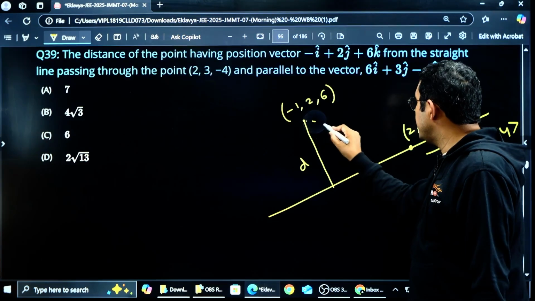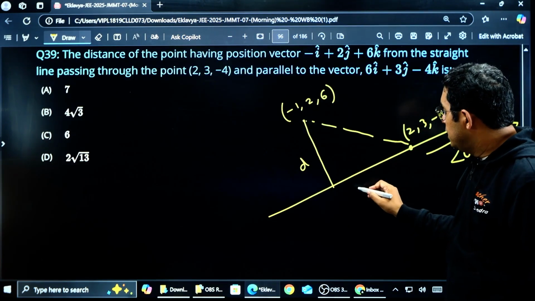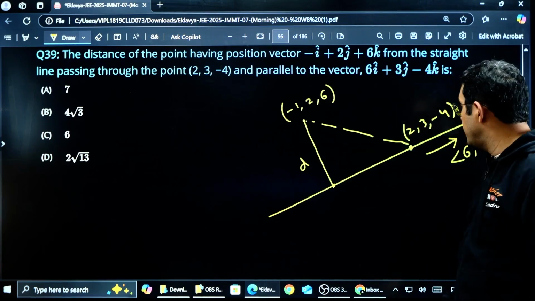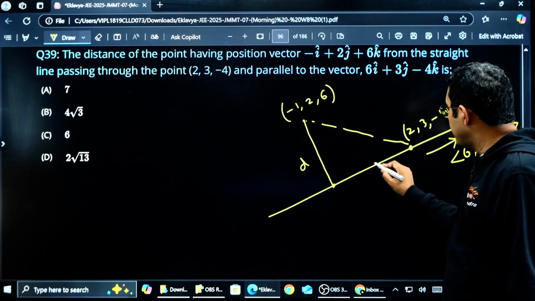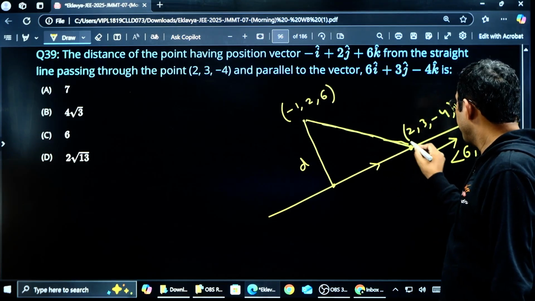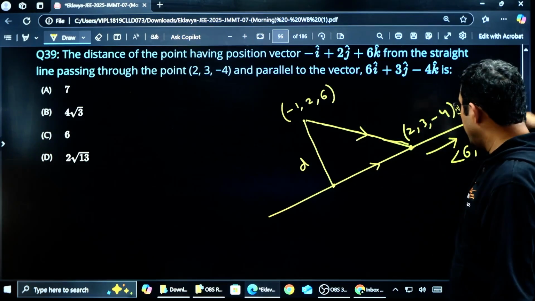So one method can be that we find the foot of perpendicular and then use the distance formula. Or we can do one more thing. We can take the projection of this vector on this line.